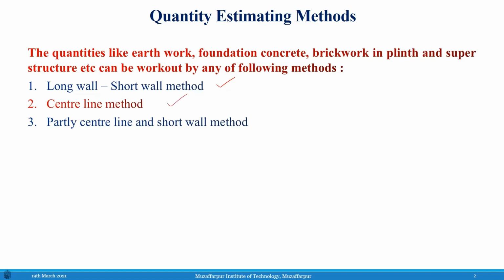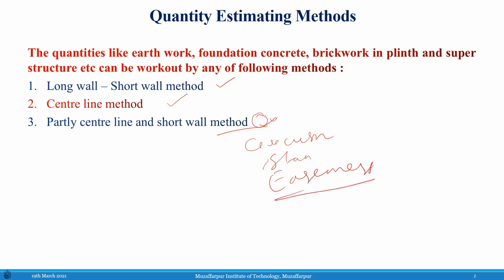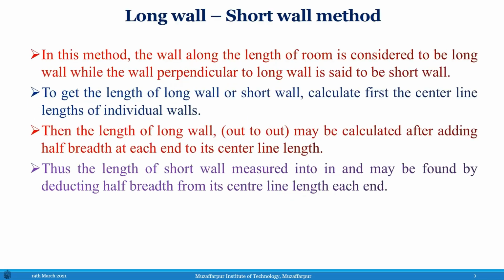And then we have partially center line and partially long wall short wall method, based upon the circumstances or easiness. So let's see what the long wall short wall method is.